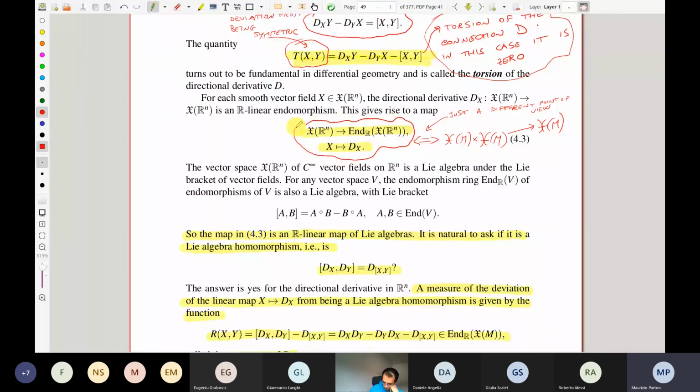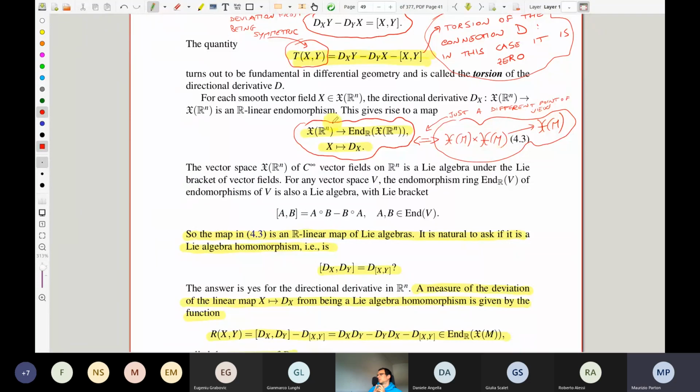What is this point of view? Well, this is just a different point of view of this map. Look at this map from an algorithmic point of view. You put in this map one vector and you obtain something, a black box, in which you can put inside one vector to obtain one vector.